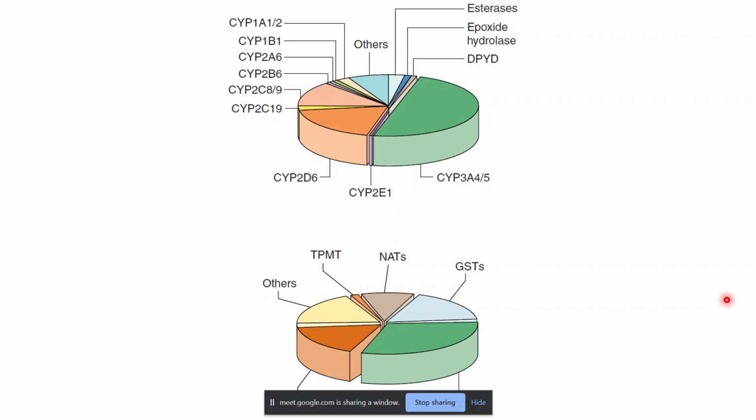These enzymes catalyze the coupling of the activated endogenous substrate with the drug.